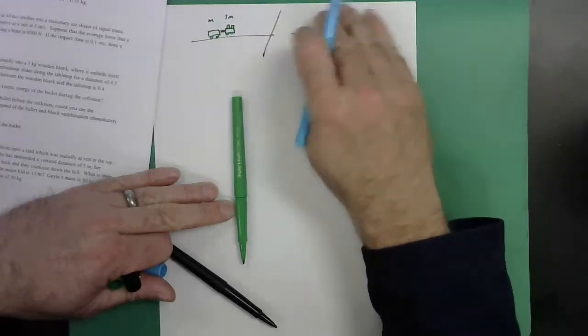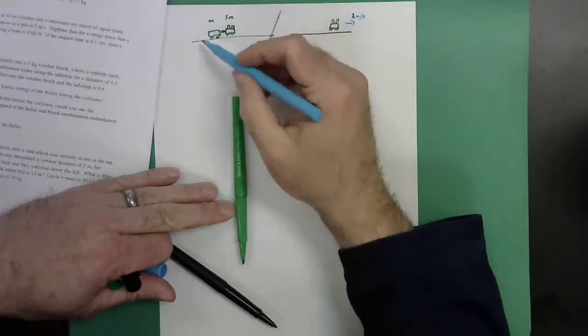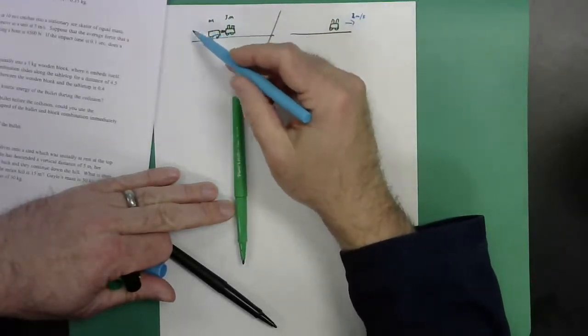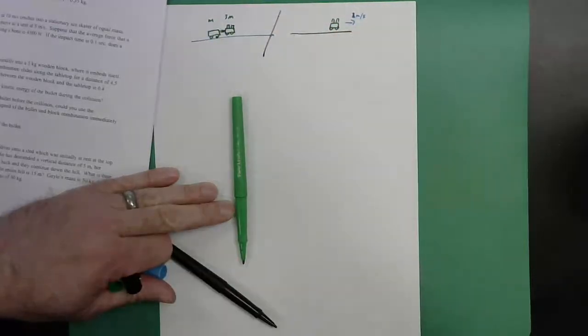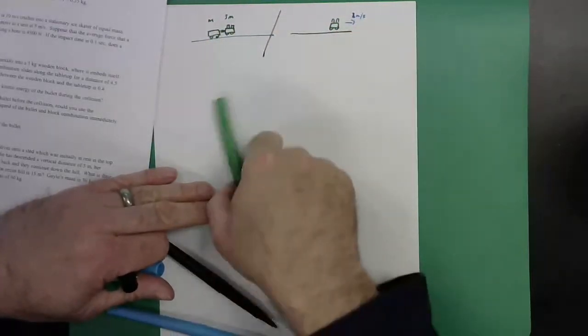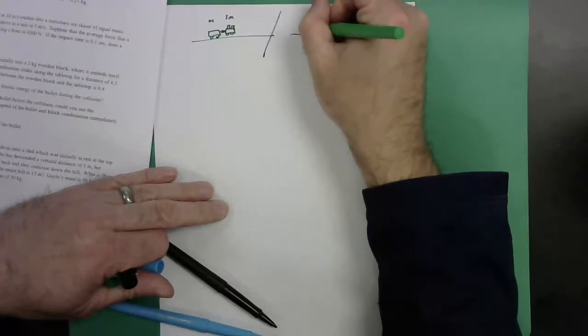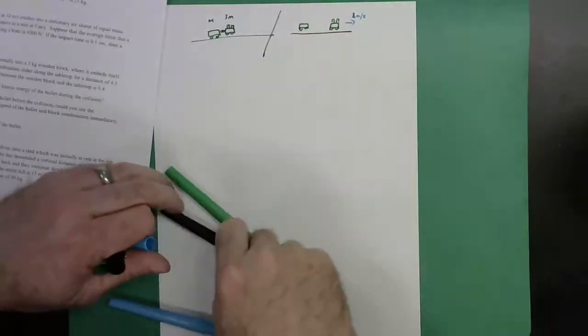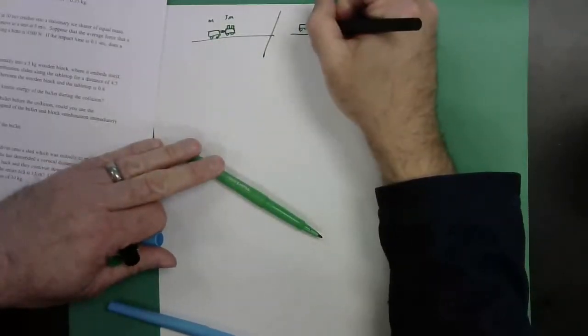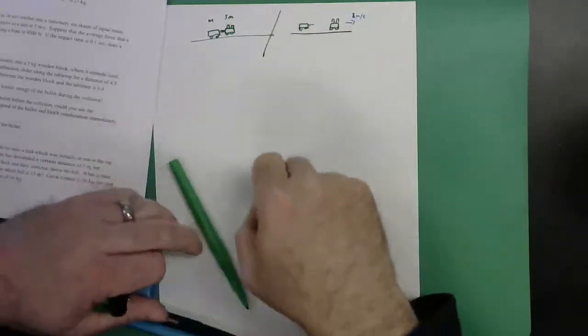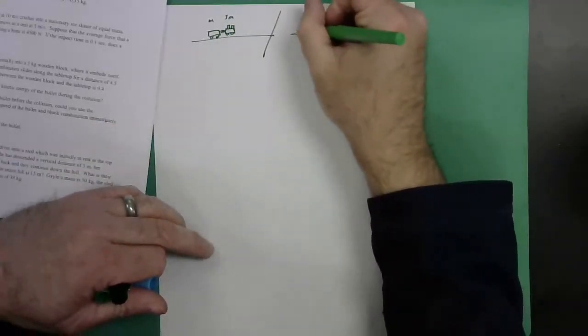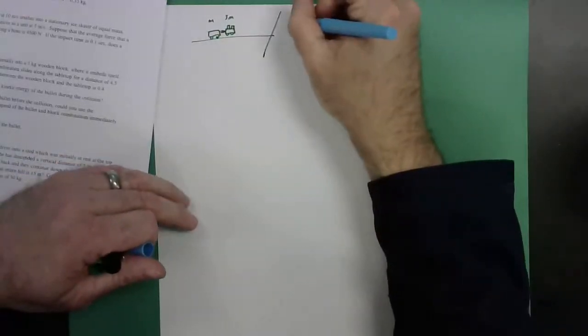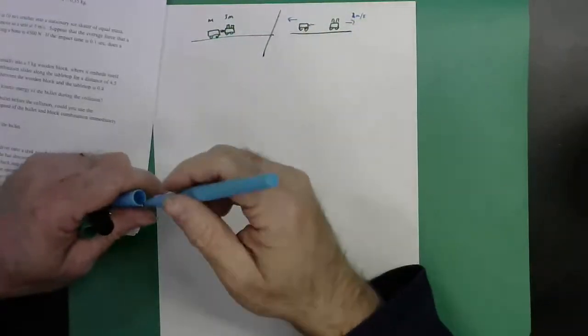So if this part gains momentum to the right, treating it as a combined system, this guy's got to gain momentum to the left, right? So the total momentum stays the same. This guy, perhaps with the spring still attached but no longer compressed, is going to end up rolling back away the other way.